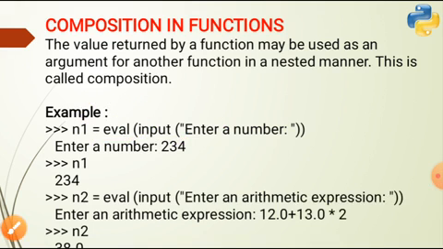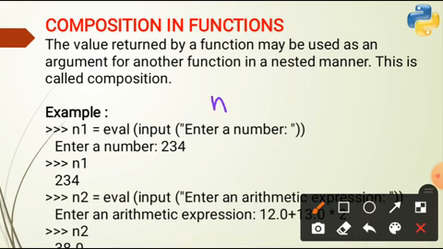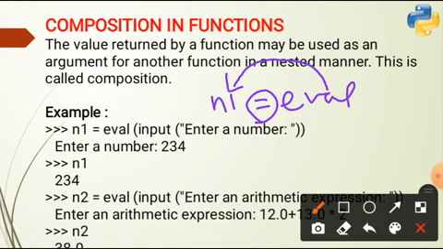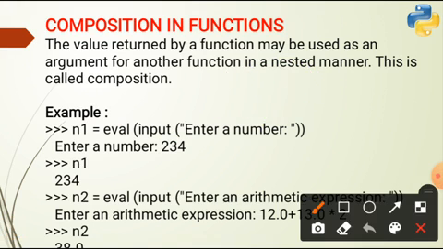You already know n1 equal to evaluate. What is the equal symbol here? It is nothing but the assignment operator. It assigns value from right to left. On the right side we have two functions, one is input, another one is evaluate. So which gets the highest priority?